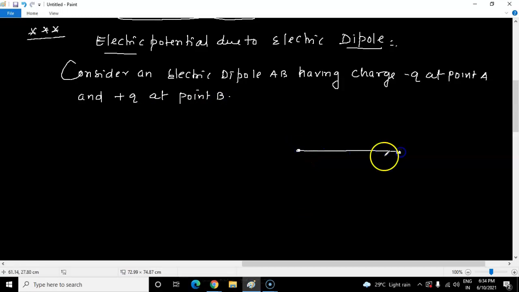So these are the two points here, A and B, with A having the negative charge, minus Q, and B having the positive charge, plus Q, right?